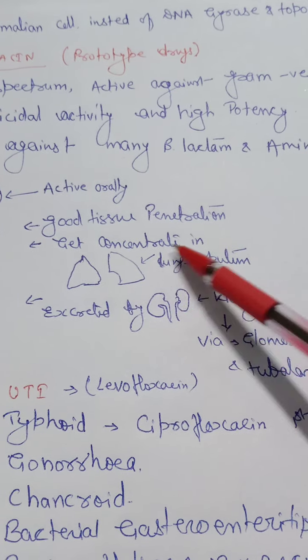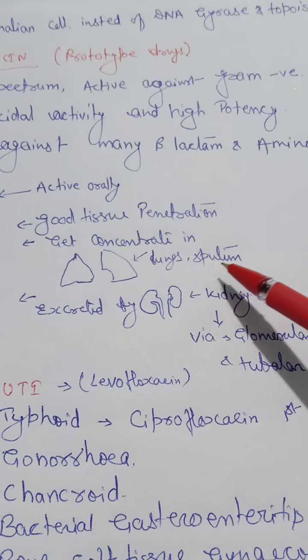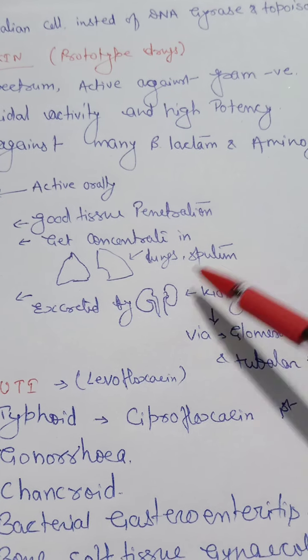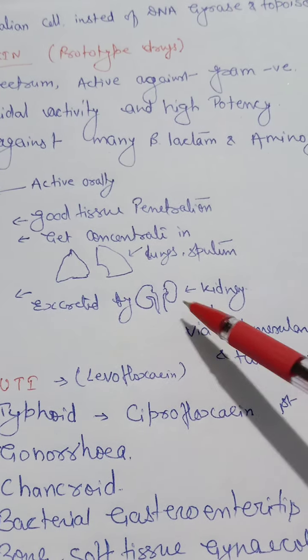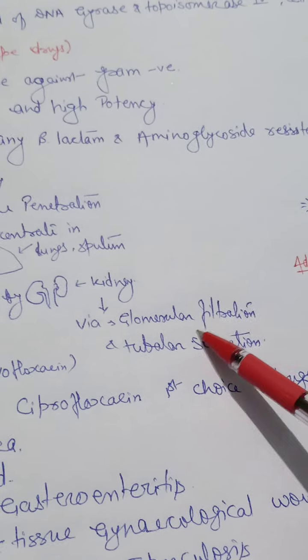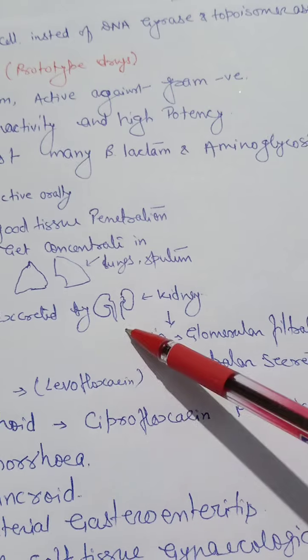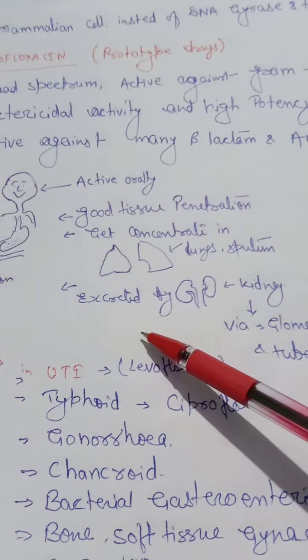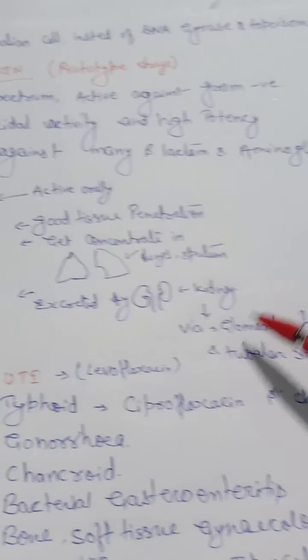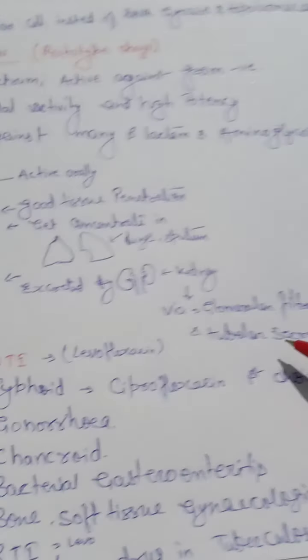It gets highly concentrated in the lungs and in the sputum. It is excreted by the kidney via glomerular filtration as well as tubular secretion.